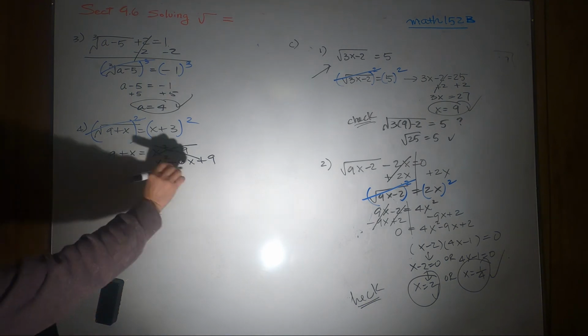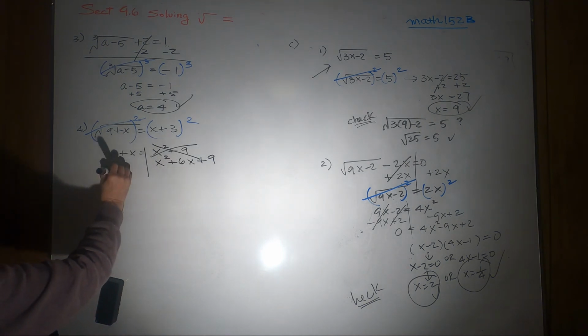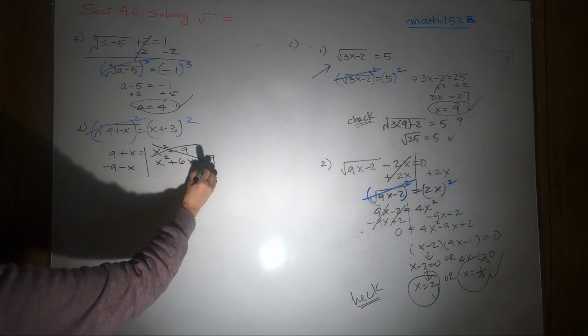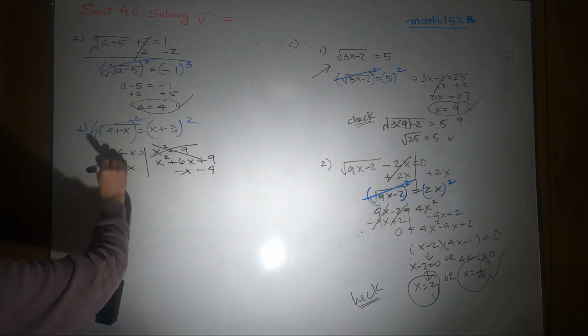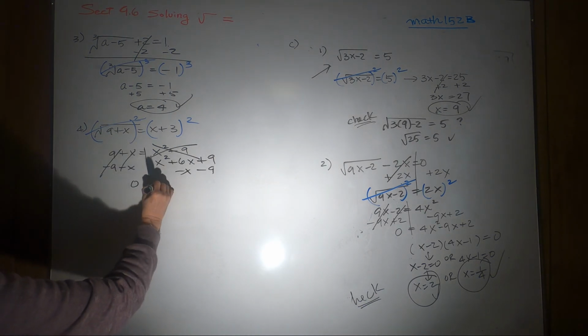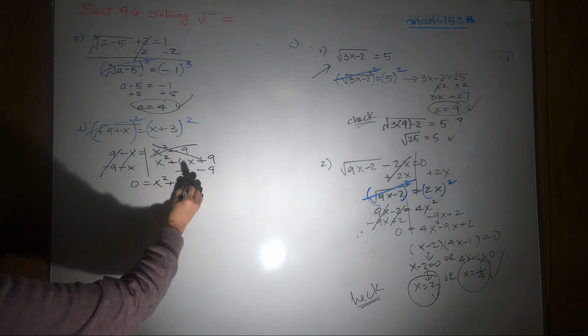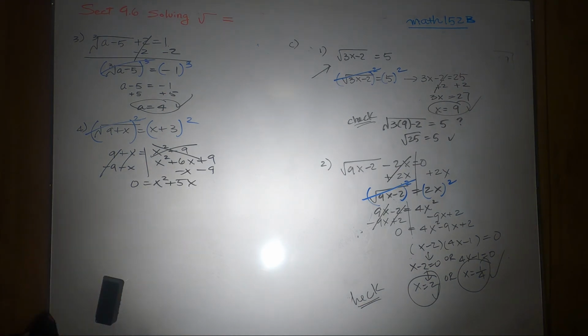So, then we move everything to that side. Minus x, minus 9. So 0 will be x squared plus 5x. It's a binomial. How can you break down a binomial? Usually you follow the formulas.